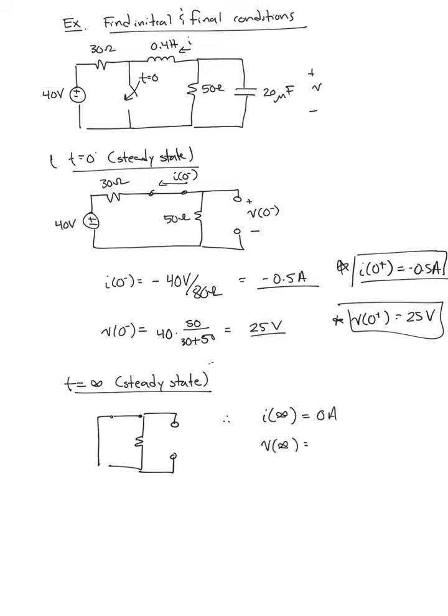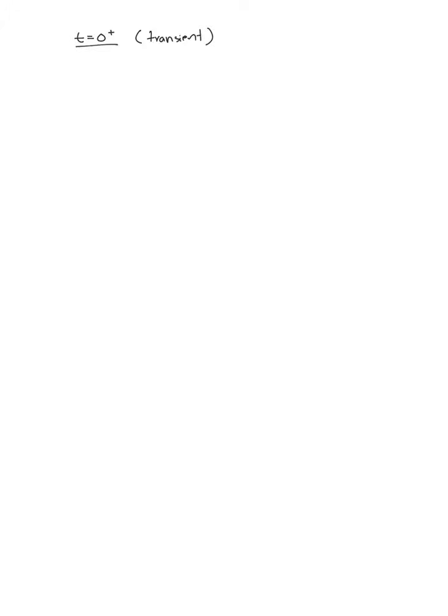Okay, now to find the initial condition of the first derivatives of the current and voltage, we take the circuit at time 0 plus. Note that this is not steady state anymore, so we're in the transient domain, so we have to leave the inductor and the capacitor in the problem. So switch shorted, goes to an inductor, to the 50 ohm resistor, which is connected in parallel to the capacitor of value 20 microfarad.